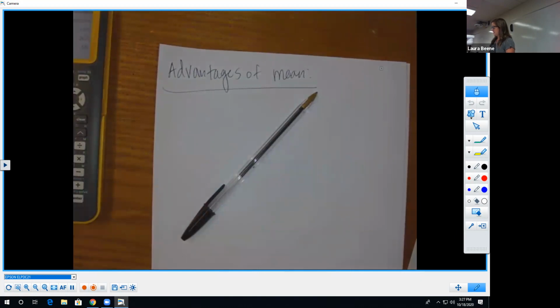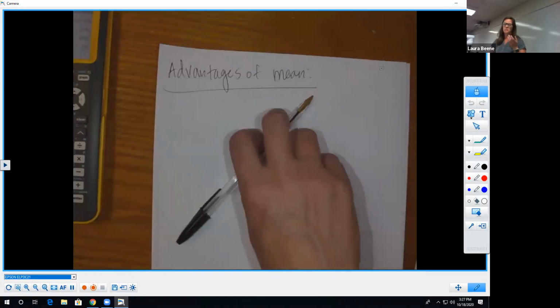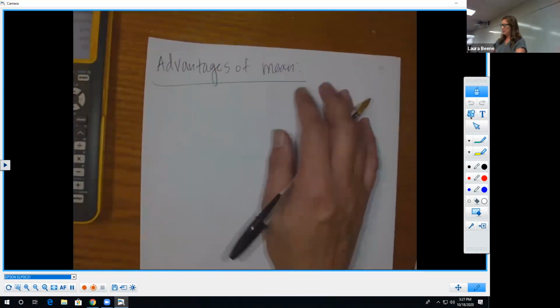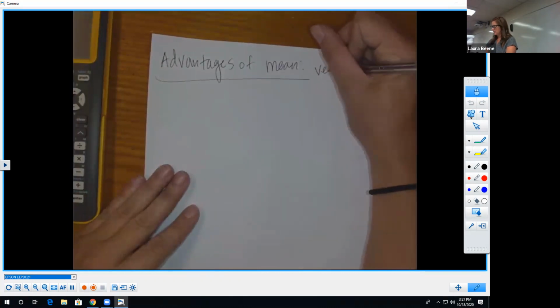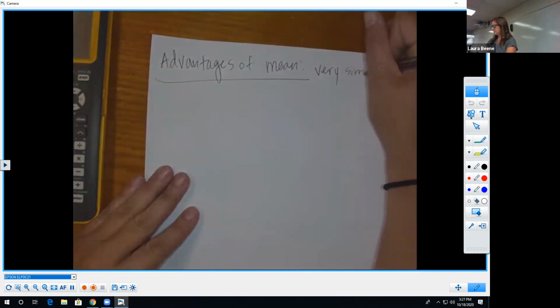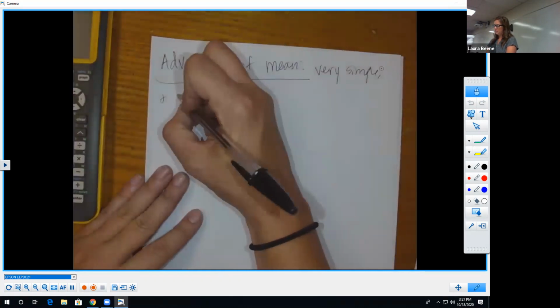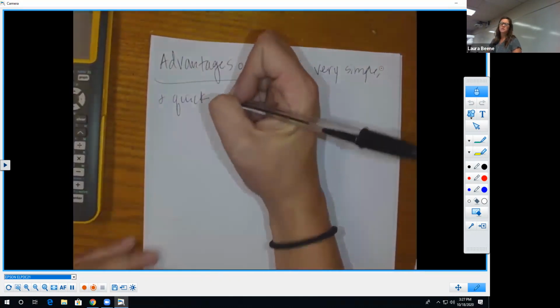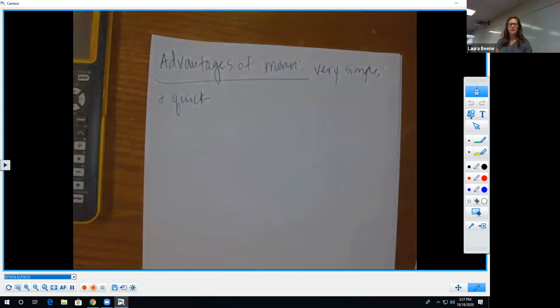So if you think about it, compared to other measures of central tendency, finding the mean is actually really easy. It's pretty simple. It's pretty quick. It's so simple and quick that Excel has a function that automatically finds the average of a set of numbers.